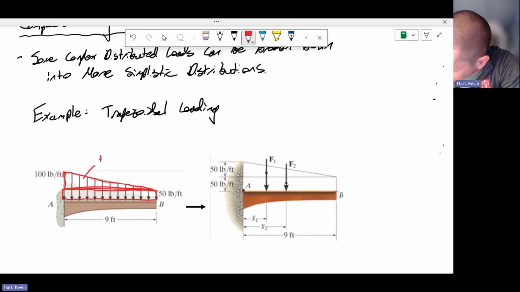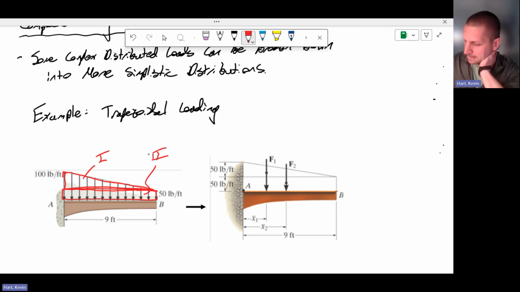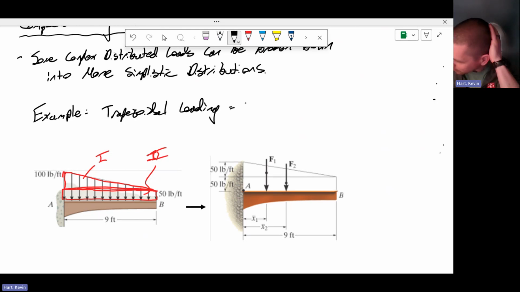So maybe you call this loading function number 1, and you call the rectangular loading distribution number 2. So this trapezoidal loading then can be thought of as a combination of the triangular plus rectangular.